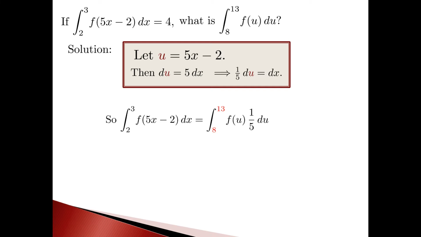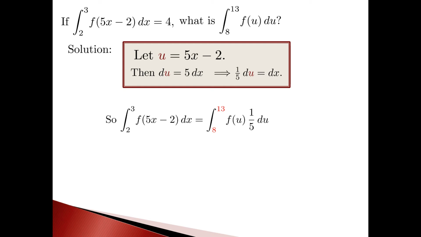Then my original integral, f of 5x minus 2 dx, becomes f of u, and then 1/5 du. And now notice what happens when I change my limits of integration. Because it looked like these limits had no connection with each other at all, but of course they do.